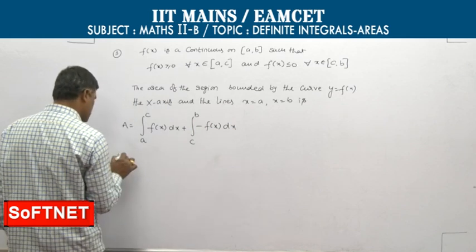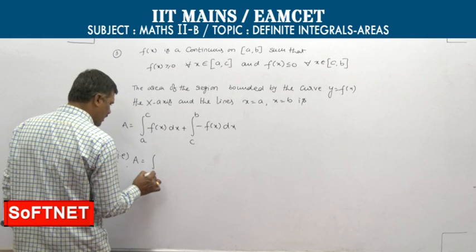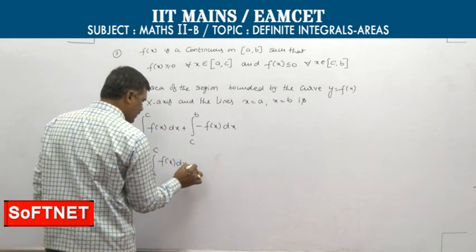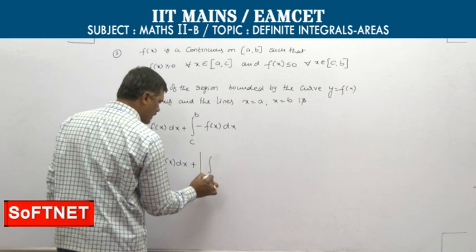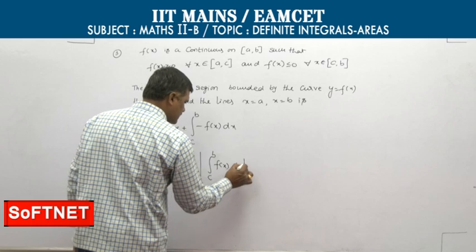That is, A, meaning required area, is equal to integral of a to c f of x dx plus modulus of integral c to b f of x dx.